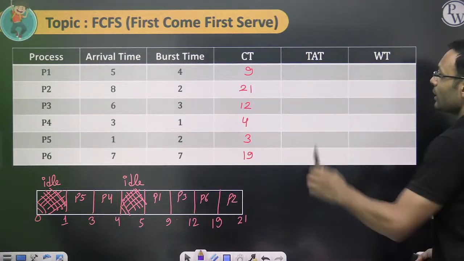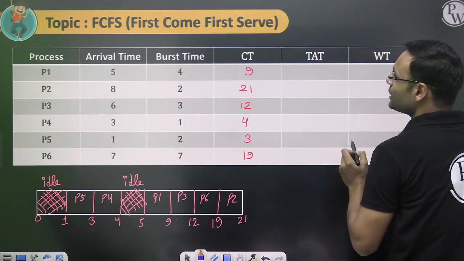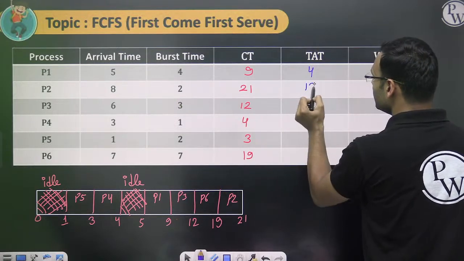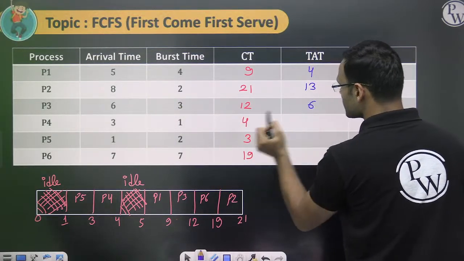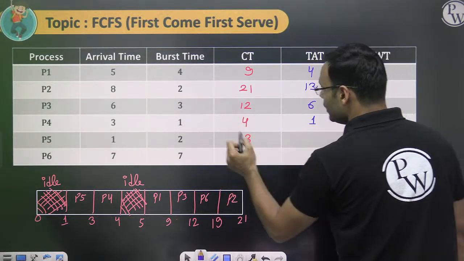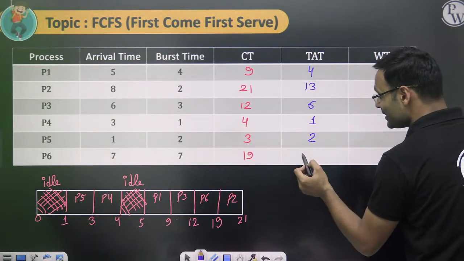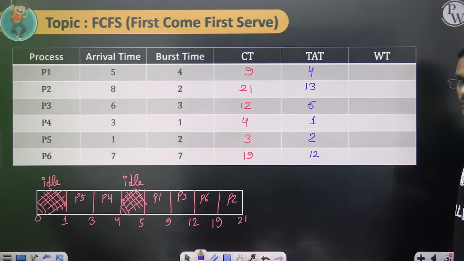Next, turnaround time: completion time minus arrival time. 9 minus 9, 0; 21 minus 8, 13; 12 minus 6, 6; 4 minus 3, 1; 3 minus 1, 2; 19 minus 7 is 12.